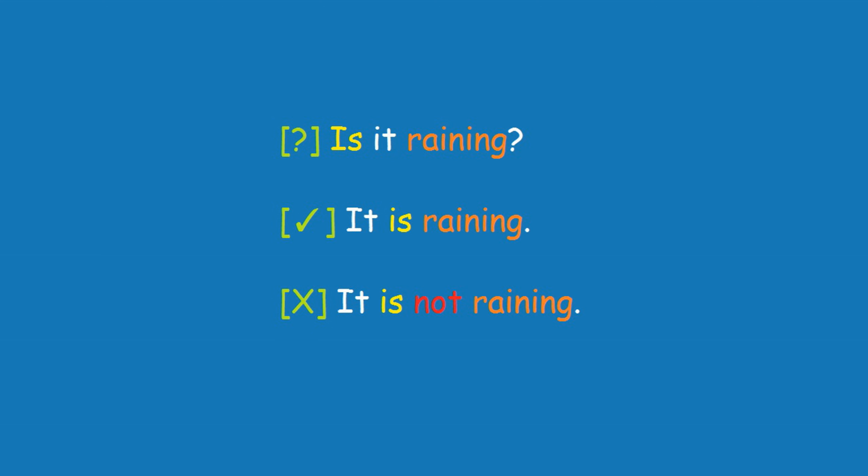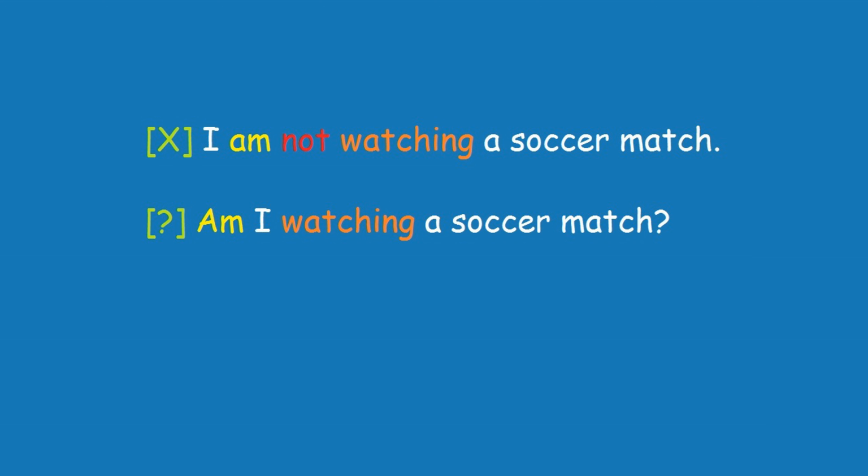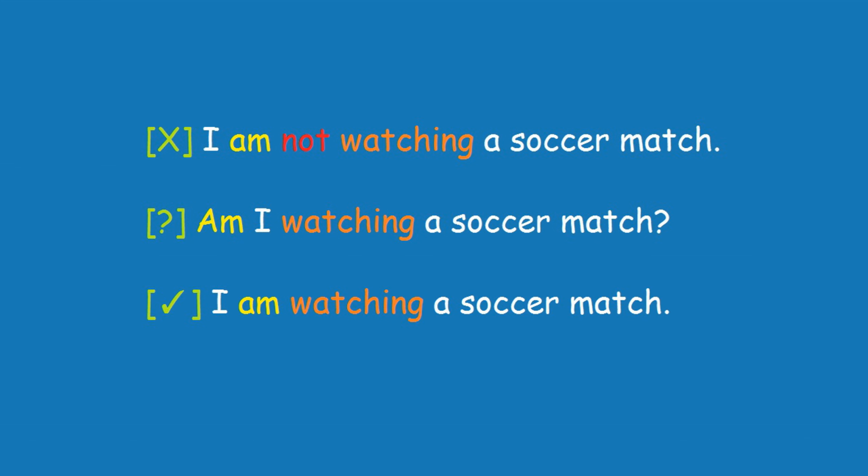Okay, next sentence. I am not watching a soccer match. Negative form. Okay, what is the interrogative form of this sentence? Am I watching a soccer match? Okay, now the affirmative form. I am watching a soccer match.